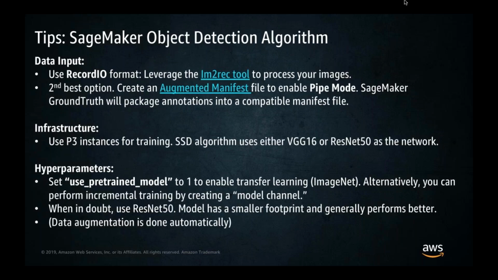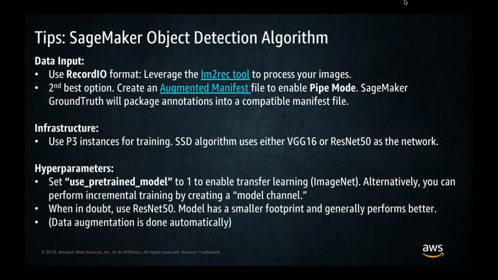The same tips apply for object detection. One minor difference is that data augmentation always happens by default. You also have the choice between using VGG16 or ResNet 50 as a network to use with the single shot detection algorithm.